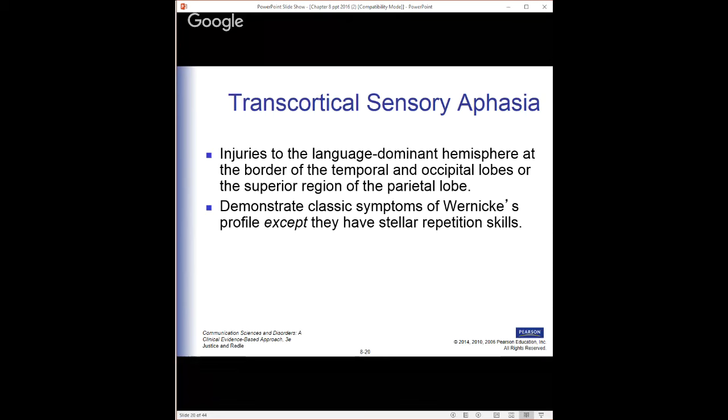And if you remember from a few slides ago, we talked about some of these aphasias having repetition skills as a relative strength, and some of them where repetition skills are a definite deficiency. Echolalia is the repetition of auditory stimuli.